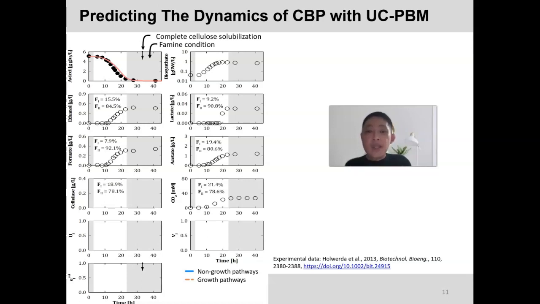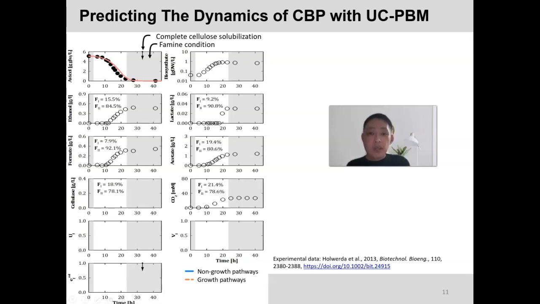And in this second case study, we actually use the model to predict the transients of many other metabolites of interest. For example, here we have cell growth, and then we have ethanol, lactate, formate, acetate, CO2 release, and the cellulose concentration.